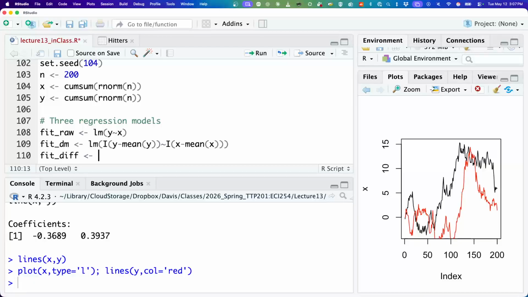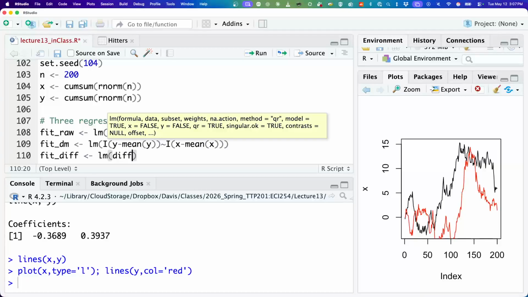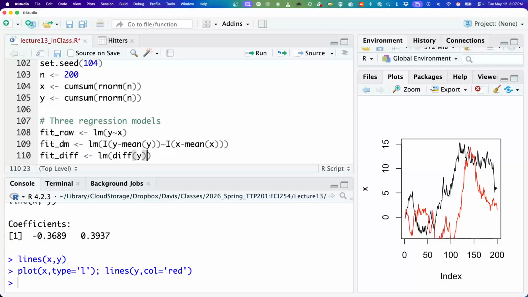The most common method is actually to do differences. We're going to talk about this in a little bit more detail in a second, but I'll just show what it's going to look like after you do stationarity through differencing. Differencing just means I take y of t minus y of t minus 1, and then y of t plus 1 minus y of t, and then y of t plus 2 minus y of t plus 1.